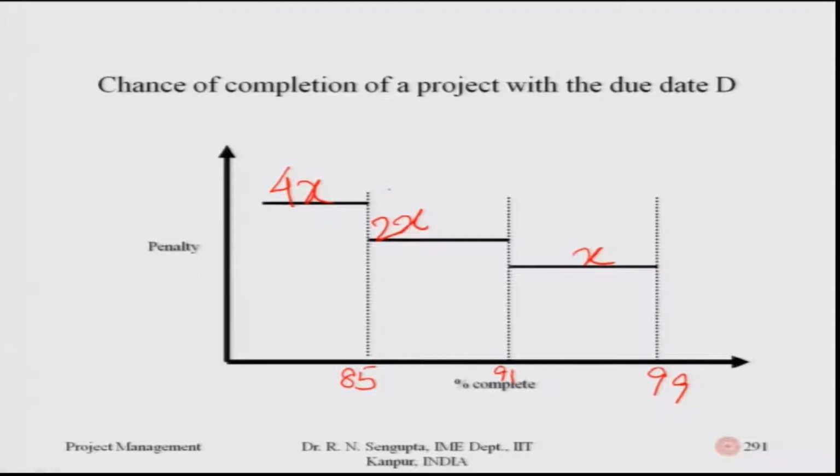What is important to note is that in this region between 85 to 91, or in this region from 91 to 99, the cost overshooting remains fixed. That means, if you are able to finish that particular percentage of work, either 91.5% complete or 98.9% complete, you pay a fixed amount.